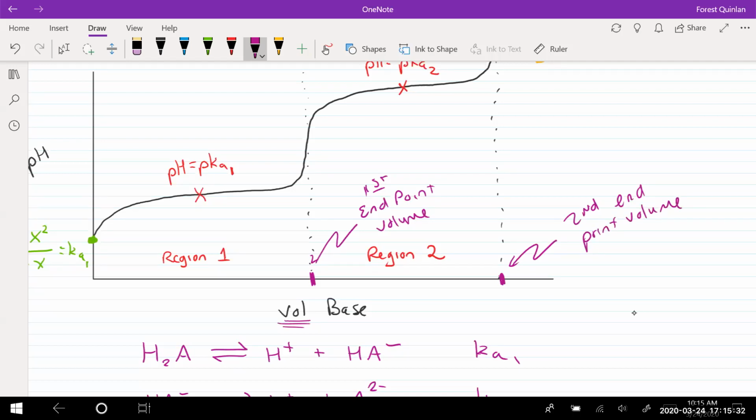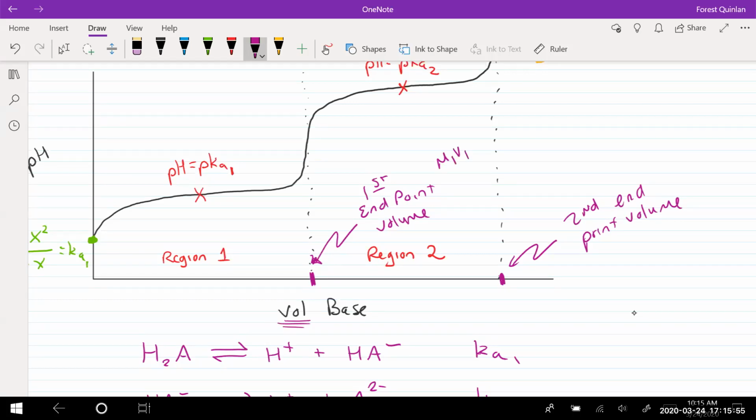Now, how do we get that endpoint volume? Which one? Well, the first one. You don't know how to do the second one yet until I point out that you actually do know how to do it. How do we get the endpoint volume? The M1V1?